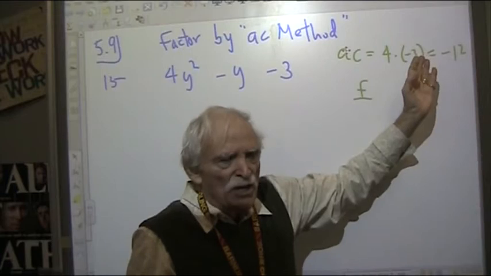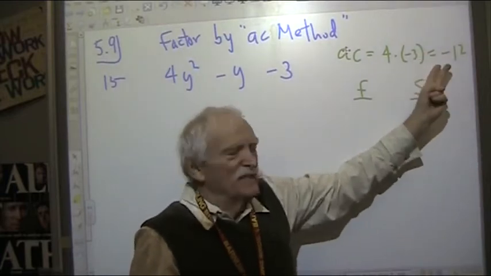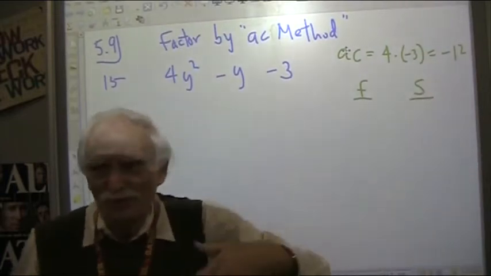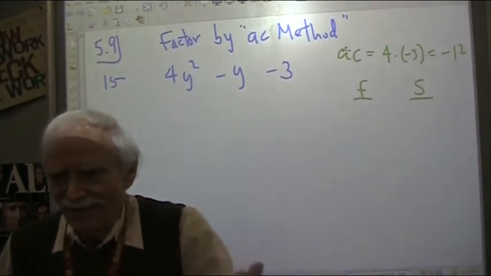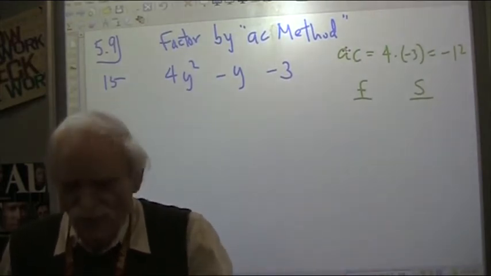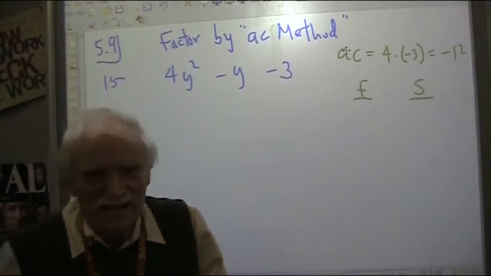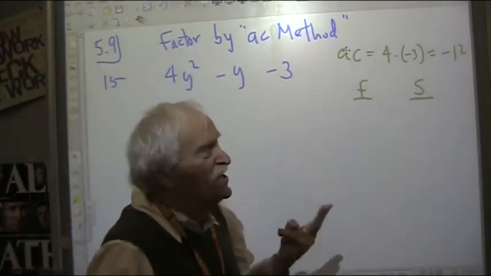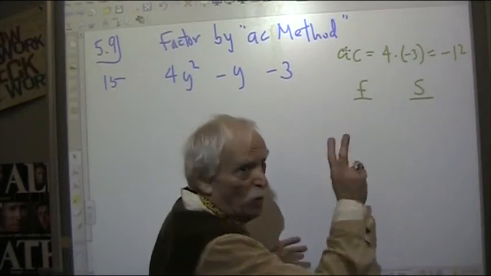All right? So, guys, if we're seeking factors of negative 12, what can we say about the signs? One's positive, one's negative. So we're going to use the same idea. We don't want to worry about signs.